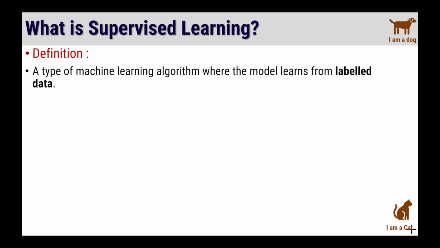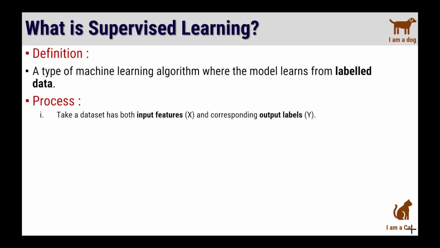In simple words, the model learns from the examples where the answers or the labels are already provided. Let's learn the process or the algorithm used in supervised machine learning algorithm. We first take a data set that has both input features and corresponding output labels.